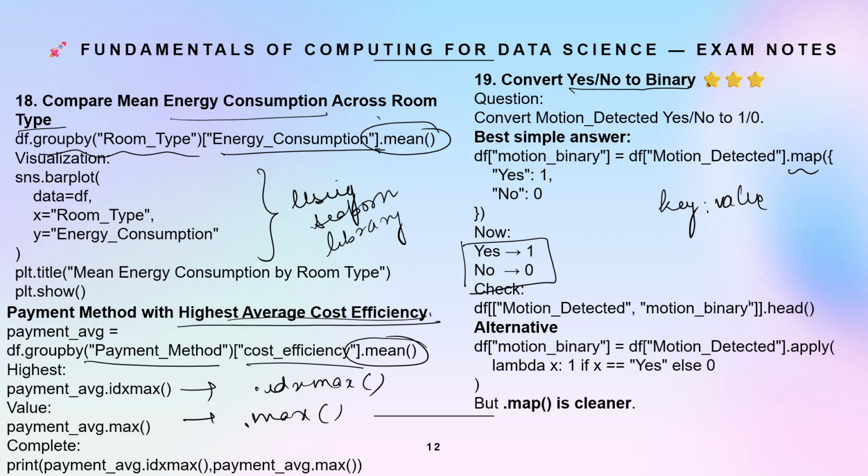Another alternative would be using a lambda function, but we mostly don't use lambda functions. So def motion binary equals df dot apply lambda x: 1 if x is equal to yes, else 0. But map is a cleaner way to achieve the end goal.